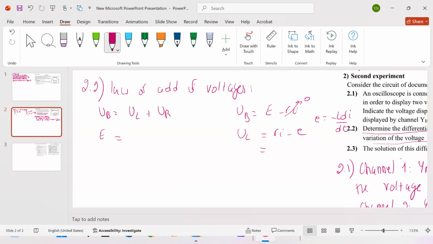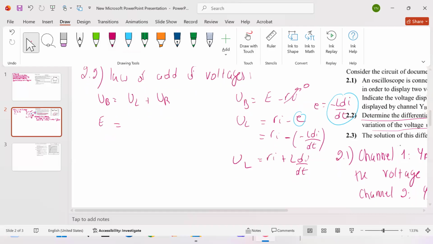If you feel like you need a little bit more explanation on why that is happening, you can go back to the previous video. So ri minus, instead of e here, we will be putting the formula of e, which is minus L di over dt. And you will get ri plus L di over dt. I got my UL. And that's great.